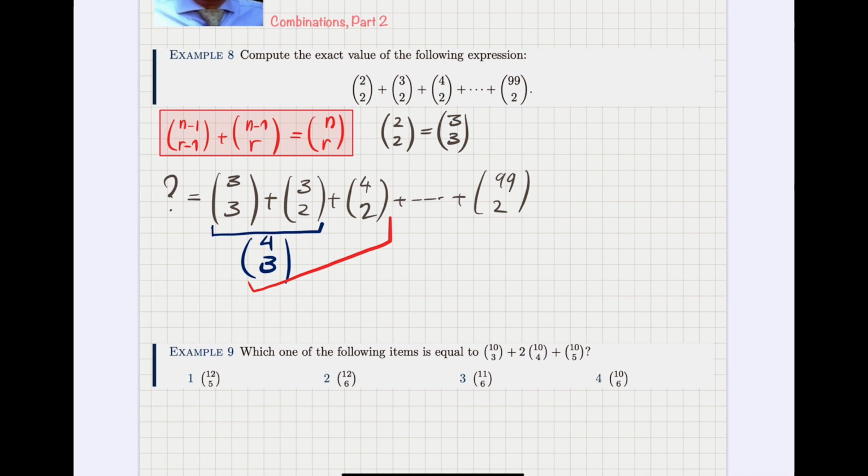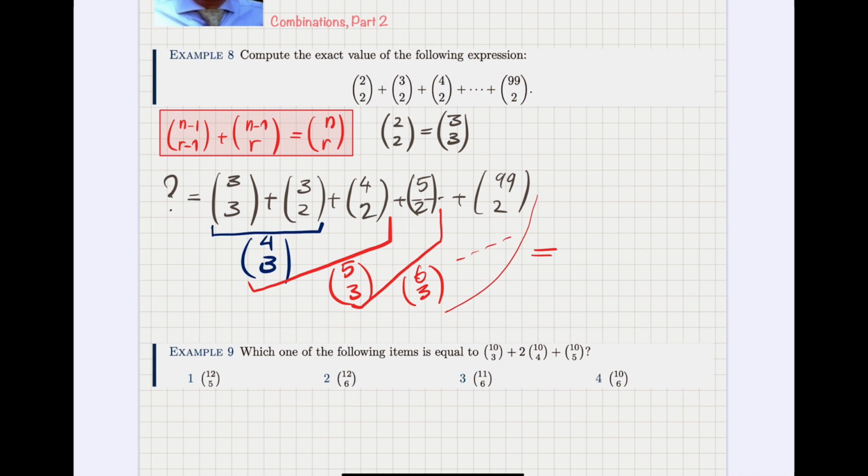I write 1 unit more here, so it becomes 5, and between these two, I choose the bigger one, which is 3 again. Then the next one in this series is 5 choose 2, and you immediately see that these two become another Pascal identity. This time it becomes 6 choose 3. And then, if you continue in this way, can you tell me what is the last number?